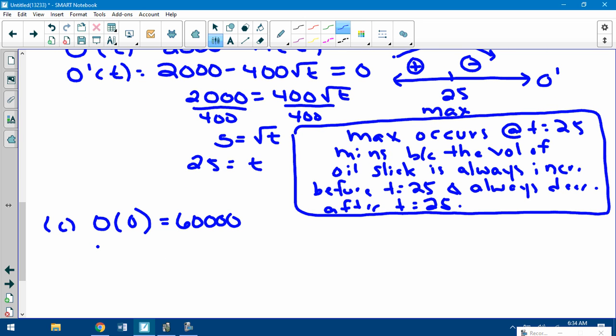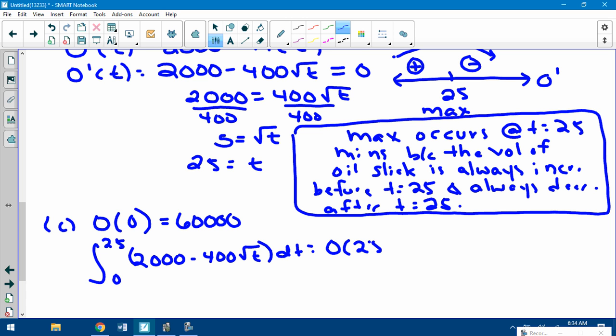Fundamental theorem it is. Integral from 0 to 25, because I know that was 60,000, of 2,000 minus 400 radical t. Don't forget your dt. That would equal the oil at 25 minus the oil at 0.